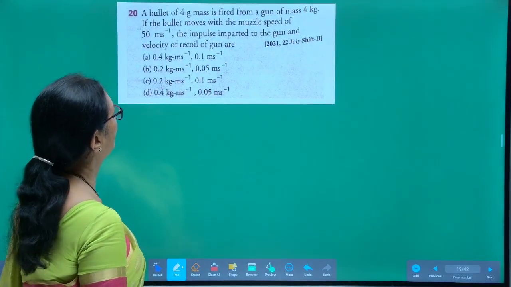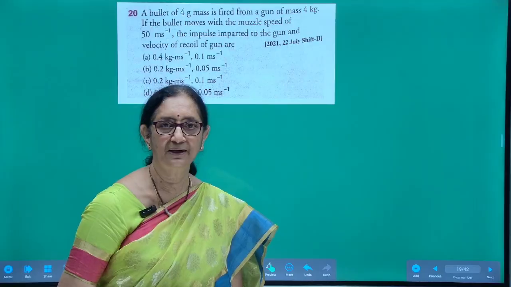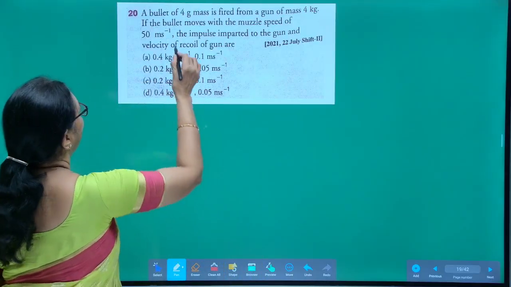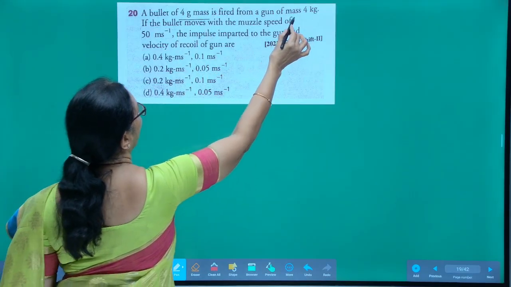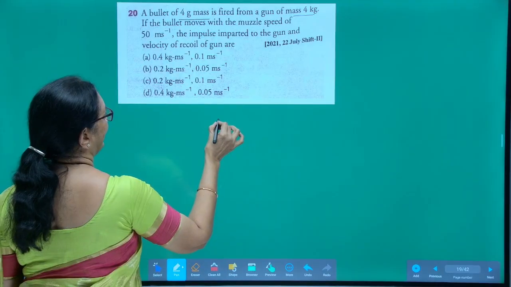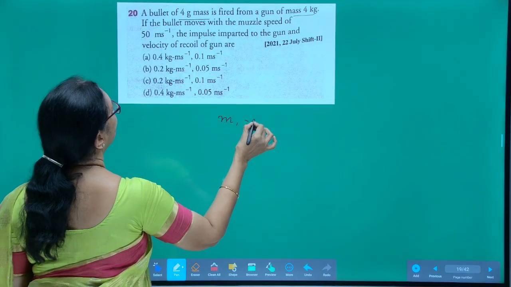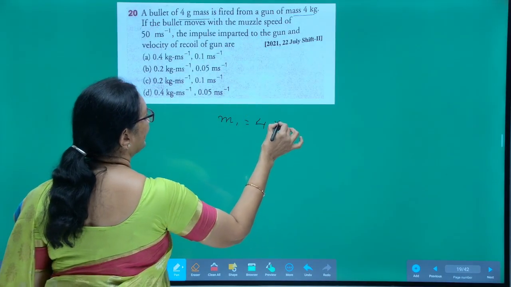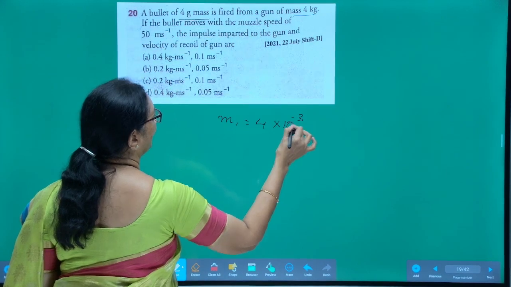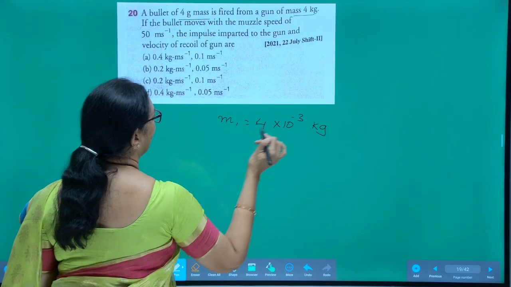Now, let us look into the 20th problem. So, read the problem carefully. A bullet of mass 5 grams is fired from a gun of mass 4 kg. So, mass of the bullet is 4 grams, gram is converted into kg, 4 into 10 power minus 3 kg.